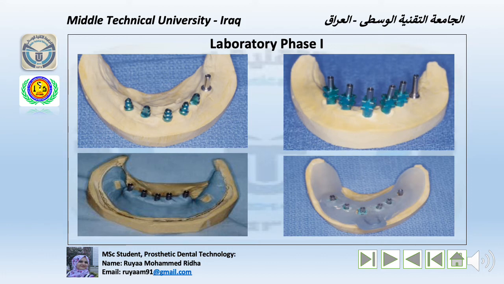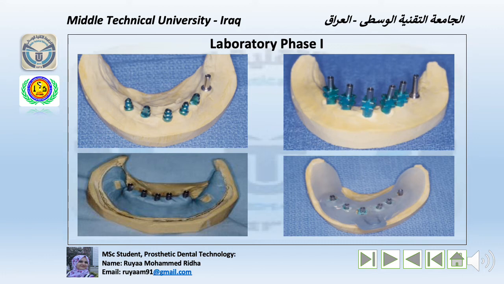About 1 millimeter thickness of wax relief is placed over the tissue region of the residual ridge to be captured in the impression, and tissue stops are made on the molar area.